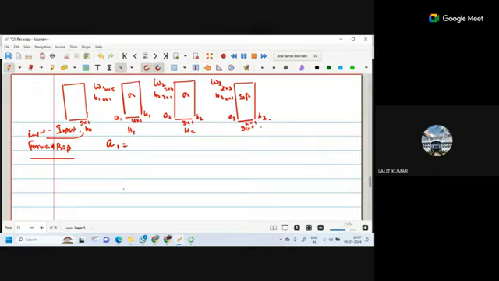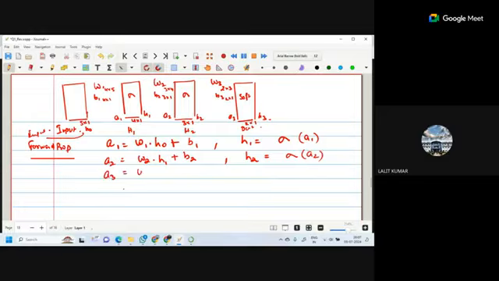So now we do forward prop. A1 is W1 dot H0 plus B1, and H1 is sigmoid of A1. A2 is W2 dot H1 plus B2, and H2 is sigmoid of A2.